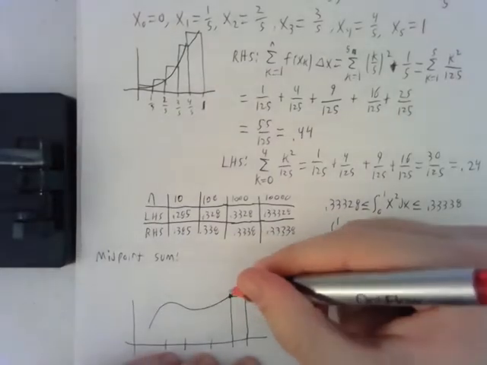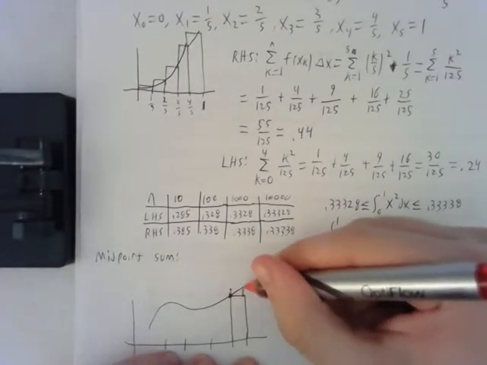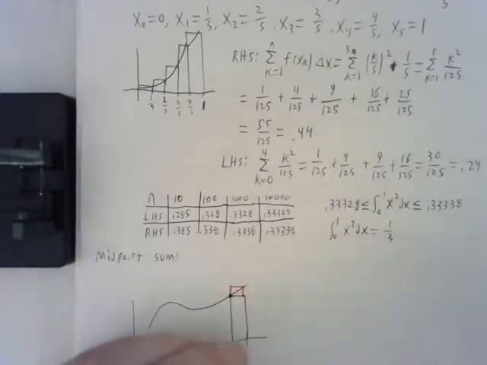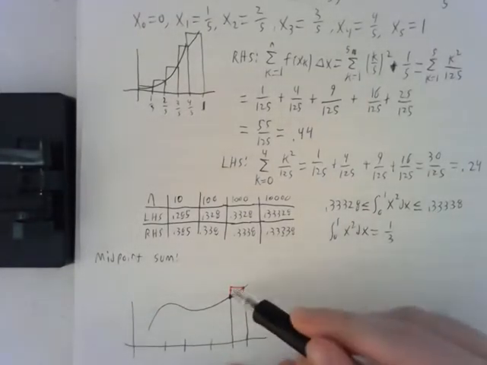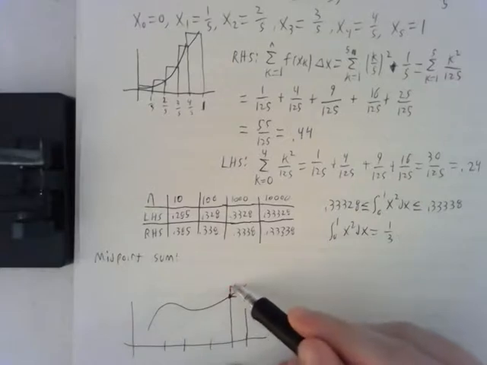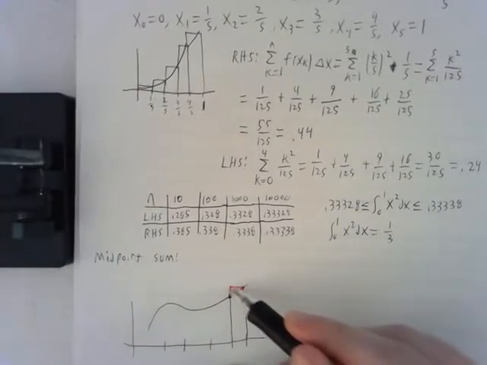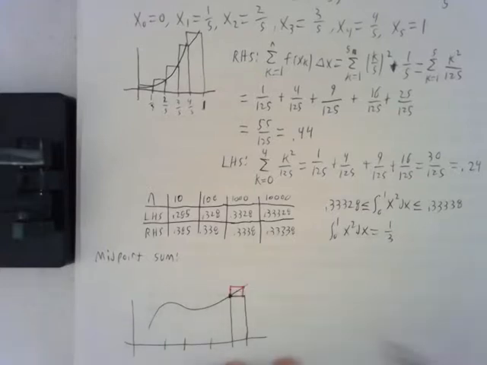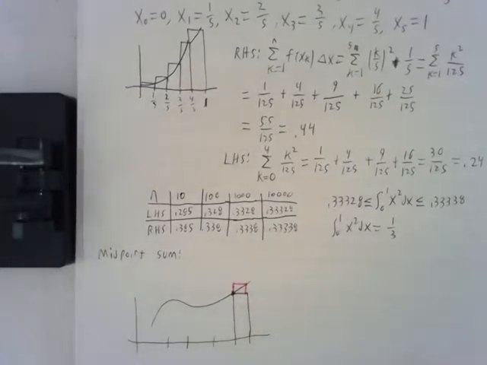If I were to draw the right-hand rectangle, then there's a pretty big overestimate because there's a lot of area in this little corner in the top left that is included in the red rectangle that should not be included in the area underneath the curve.